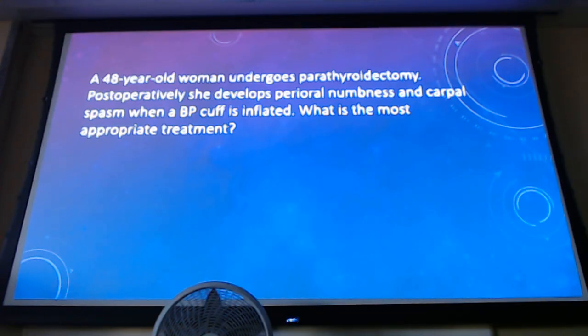Alright, 48-year-old woman undergoes parathyroidectomy. Post-operatively, she developed perioral numbness, carpal spasms, especially when a BP cuff is inflated. What's the most appropriate treatment? What is she low in? Calcium. So what are we going to give her? Calcium. Are we going to do it oral, IV, what?